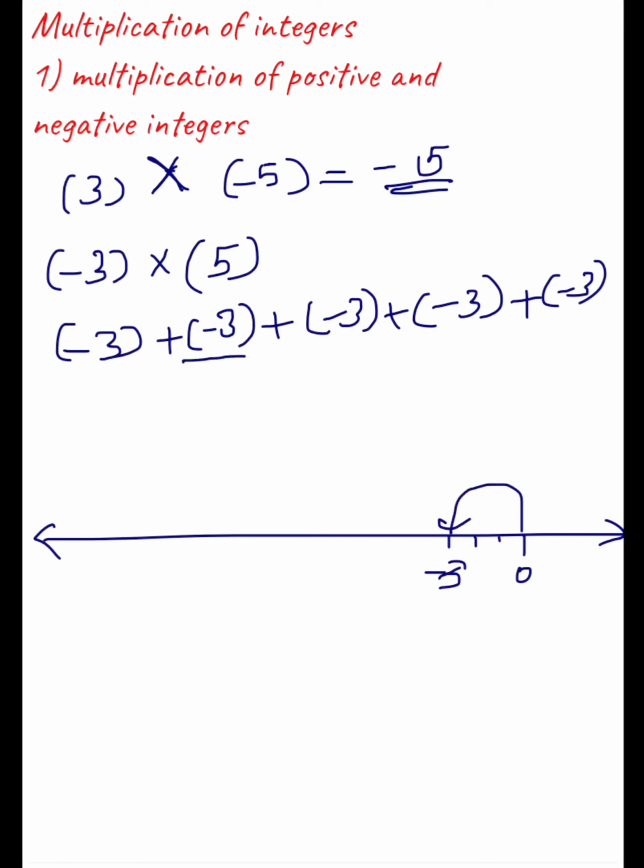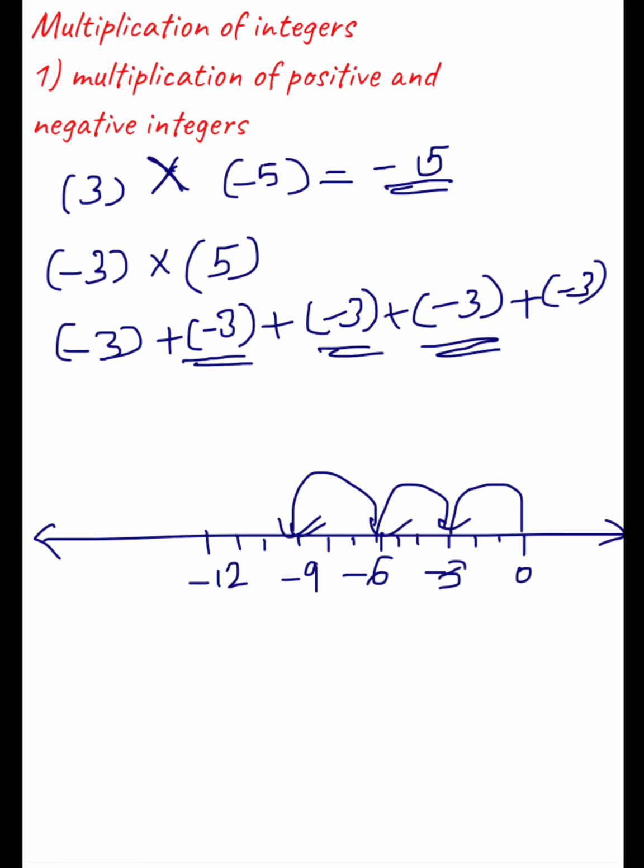Next you are going to add minus 3. So 1, 2, 3. So you will reach minus 6. So you reached here. Next is again minus 3. 1, 2, 3. So you will reach minus 9. Now again minus 3. So 1, 2, 3. So minus 12. So you reached here. Again minus 3.